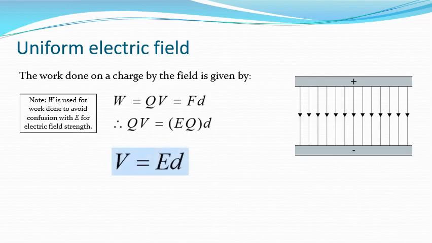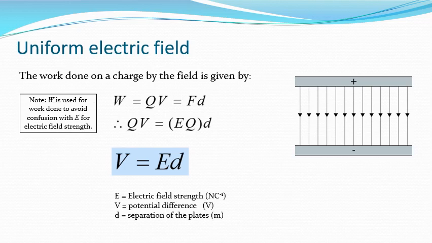And so we can cancel out the Q's there from both sides to end up with a relationship that the potential difference is equal to the electric field strength times the distance between the parallel plates, or the electric field strength is equal to the potential difference across the plates divided by the separation between the two. And that's quite common for this type of situation, to work out what the electric field strength happens to be. Divide the potential difference by the separation between the plates in meters.